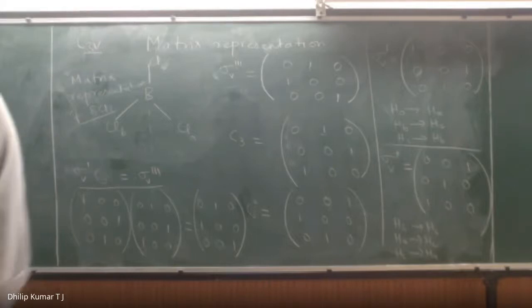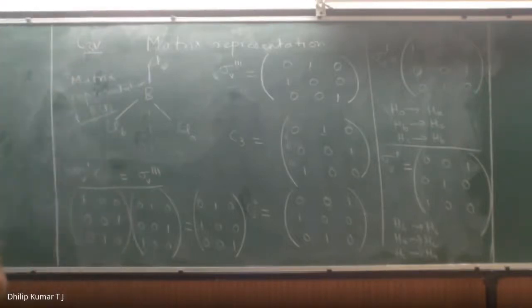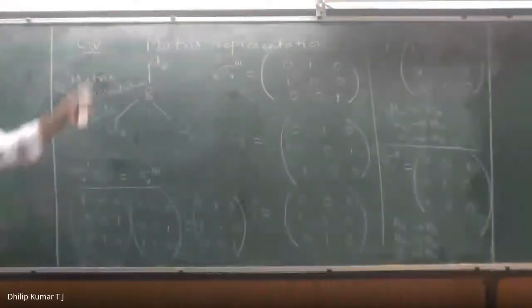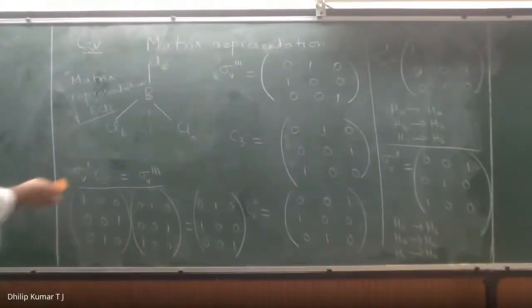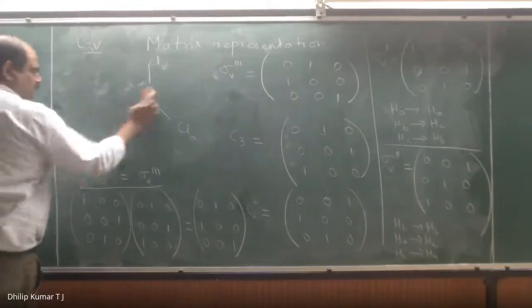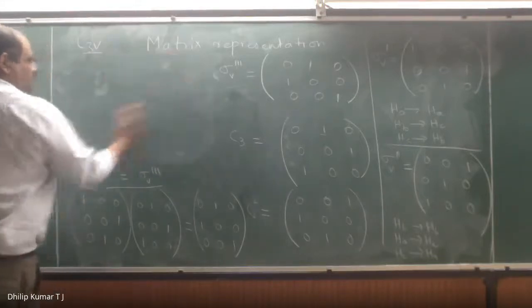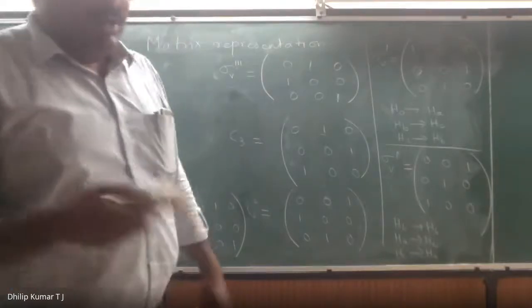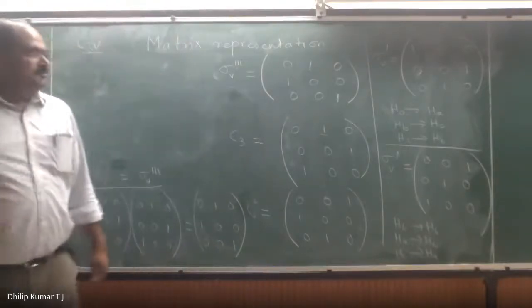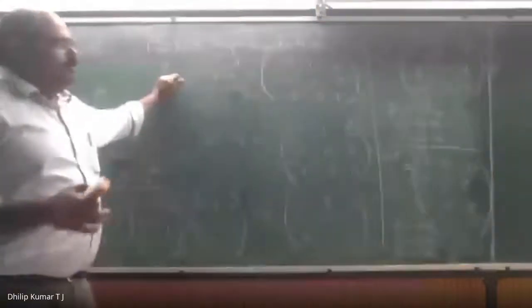So what I'm saying is either you can move the axis or you can rotate the atoms. Based on that, you can write the matrices. The applications will come shortly while we are writing these things. We'll study what is called block diagonalization of matrices. We block diagonalize the matrix.